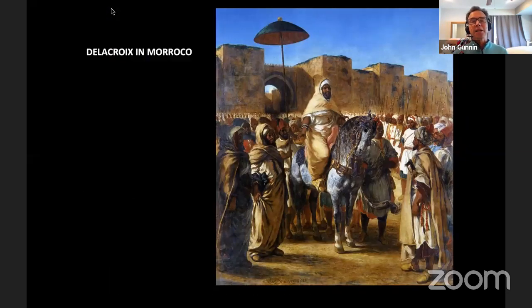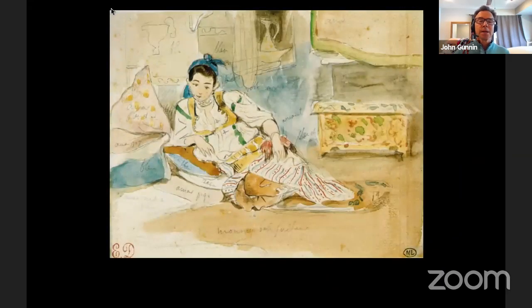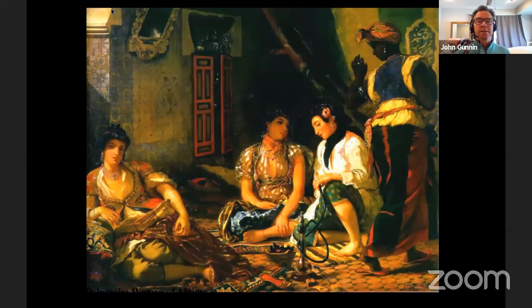Before we leave Delacroix, just going back to the other day when we were talking about Orientalism, Delacroix had a trip to Morocco late in his career, and did sketchbooks and did paintings like this. One of my favorite stories about this painting, which is a beautiful, wonderful painting, is I had an Arabic speaking student, and I asked, well, what's the message on the wall?